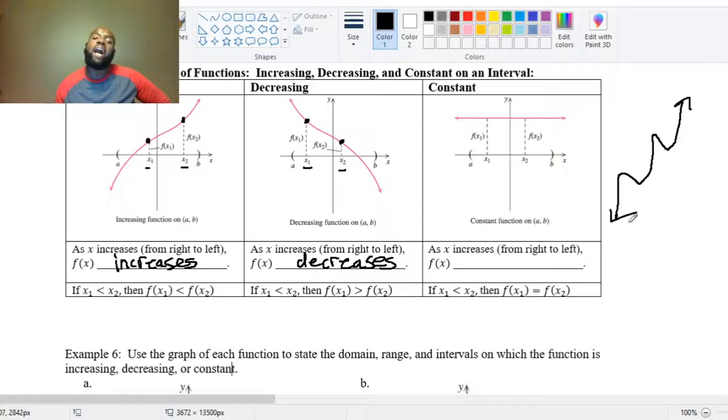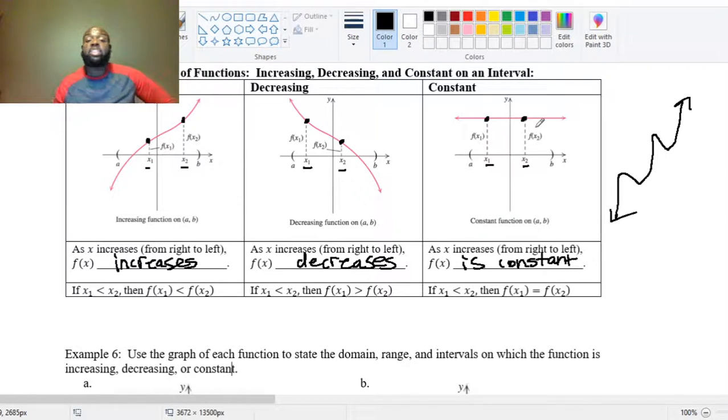And then you can use the word constant. As x increases, f of x is constant. It stays the same. And so if you have two input values, again, x1 is less than x2, then the functional values are actually equal on that interval between x1 and x2.